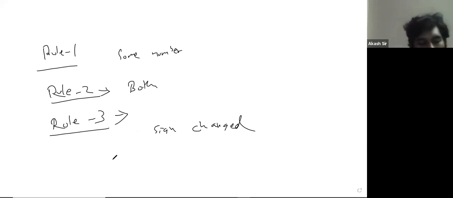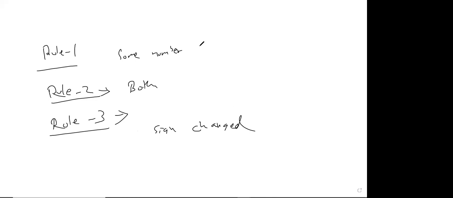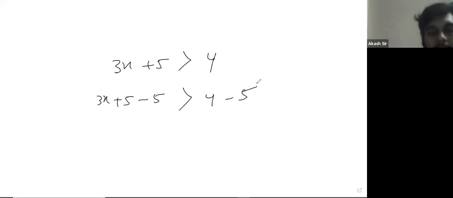So the first rule is, if I have the inequation 3x plus 5 is greater than 4, the first rule says any number can be added or subtracted from both sides of the inequation. So I can subtract 5 from both sides without changing the sign of inequality.